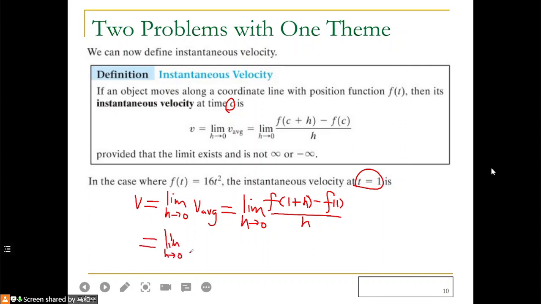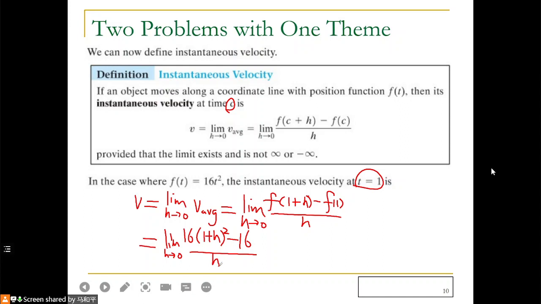As h approaches 0, here f(1 plus h) means t squared replaced by (1 plus h) squared, minus f(1). The t is 1, f(1) is 16, right? Minus 16 over h.